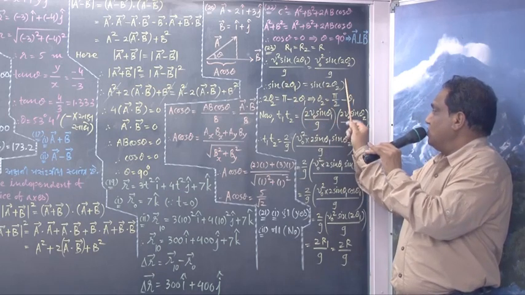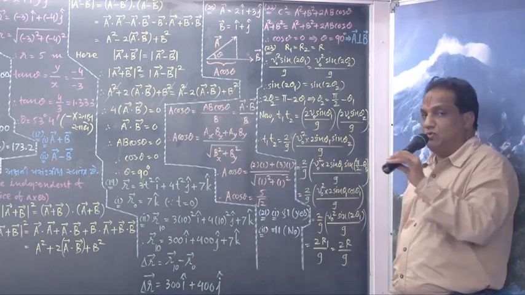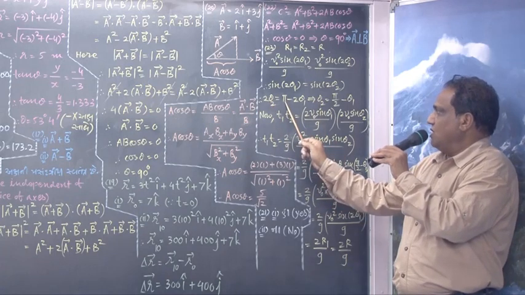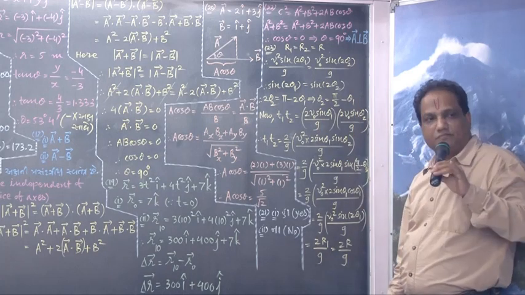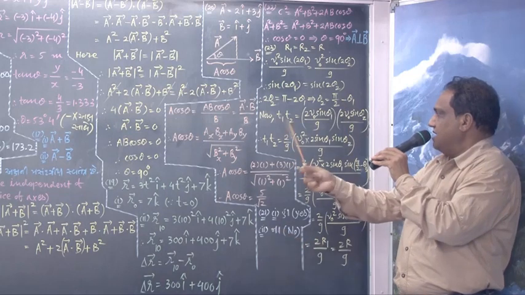Now divide by 2. Here it is theta 2, and pi by 2 minus theta 1. Correct? Theta 2 equals pi by 2 minus theta 1.